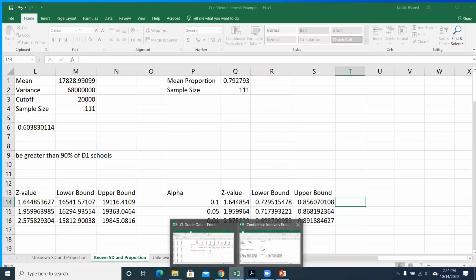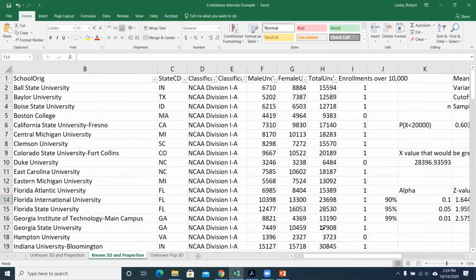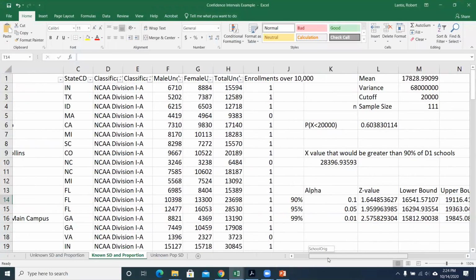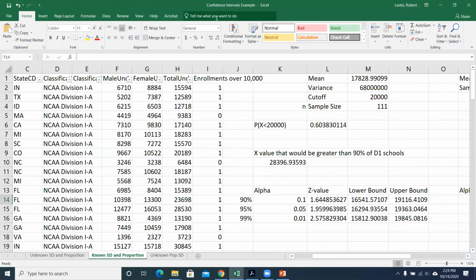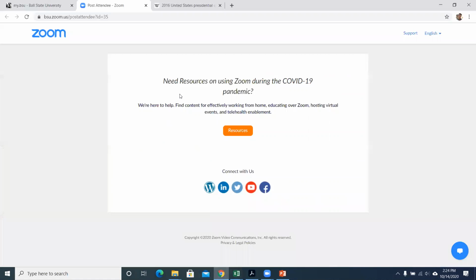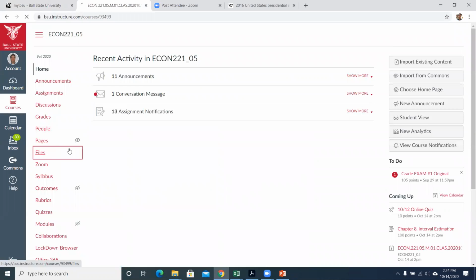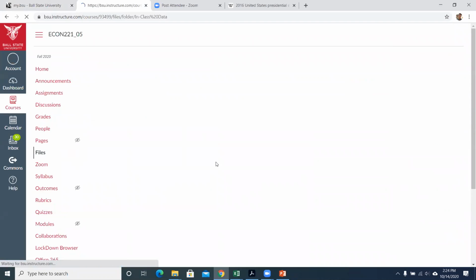So let's do a little bit of work in Excel. On Canvas, there is a confidence intervals example file. So we go to Canvas, we go to Files, we go to in-class data.